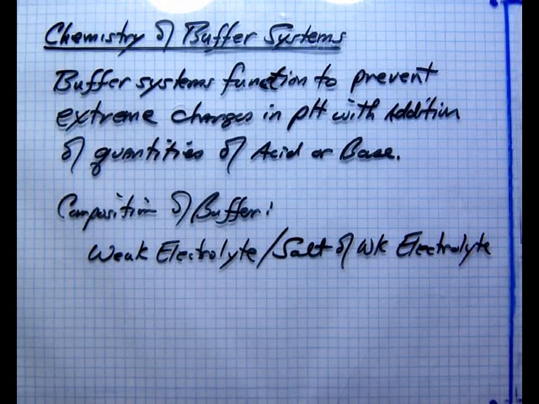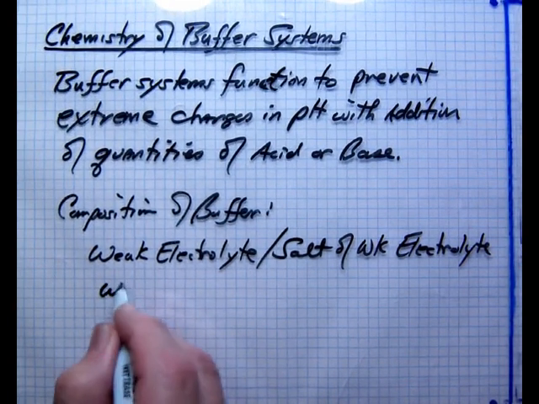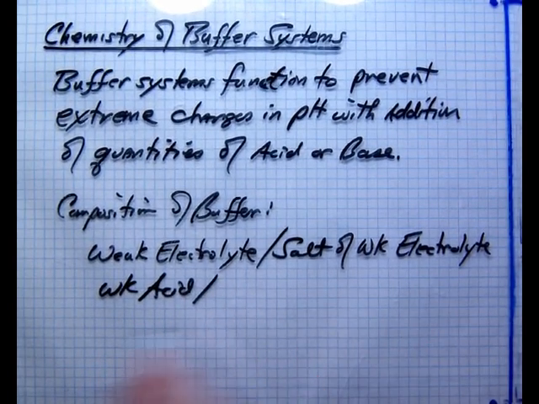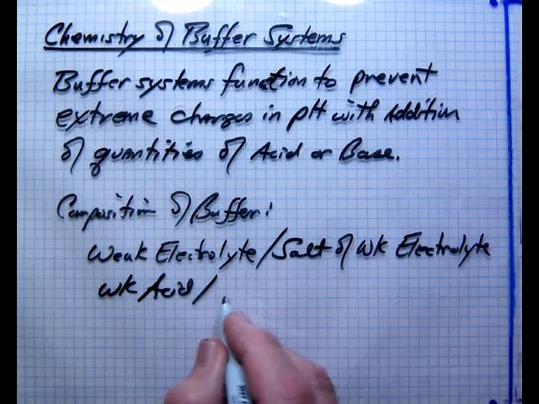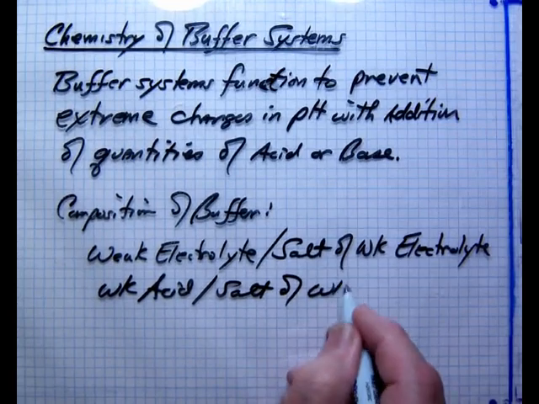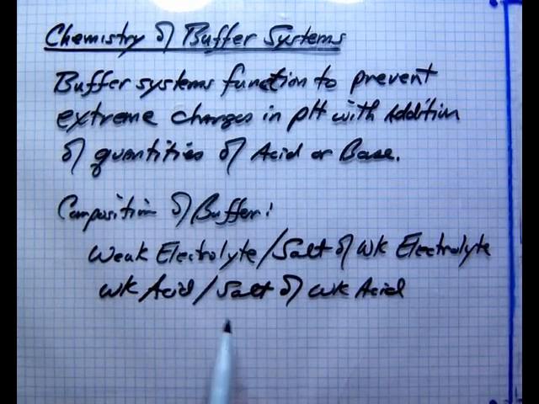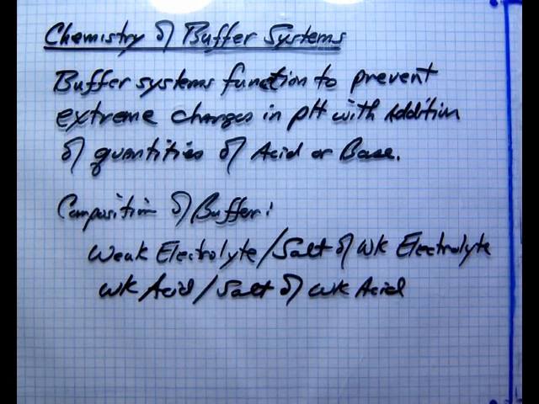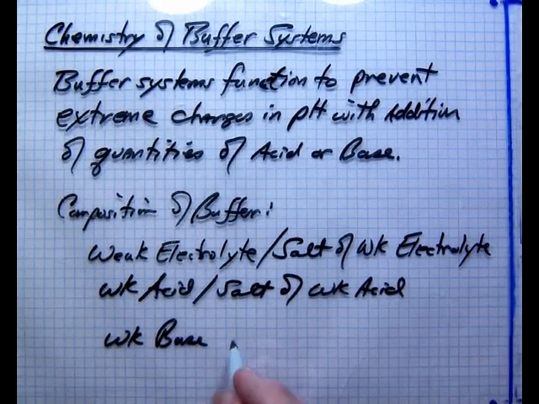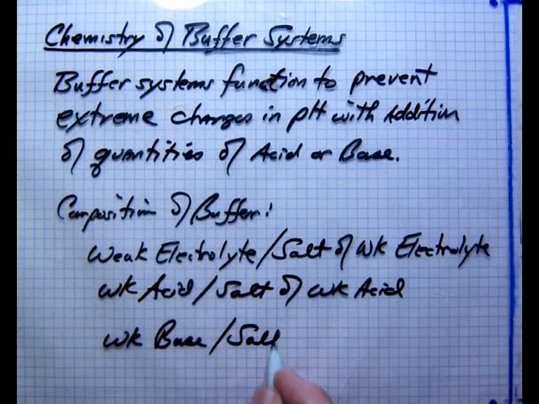The electrolyte is a weak acid and the salt of that weak acid, or a salt which would function as a common ion. Now, the thing about this is that it is going to be carrying a conjugate base of the acid. We'll get to that. And a basic buffer would be, say, a weak base along with the salt of the base.